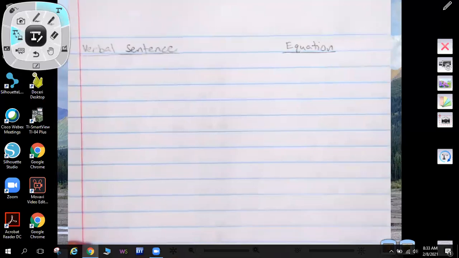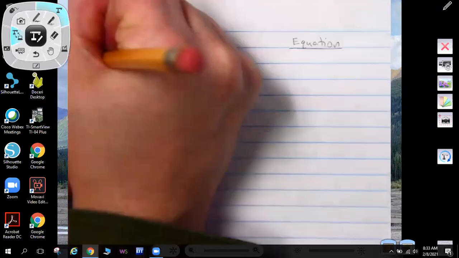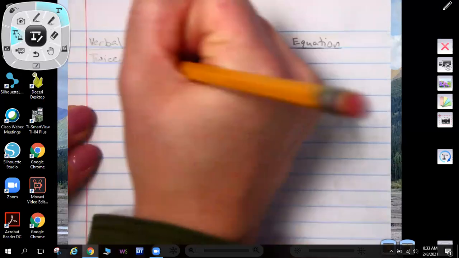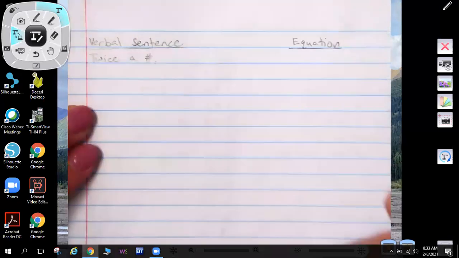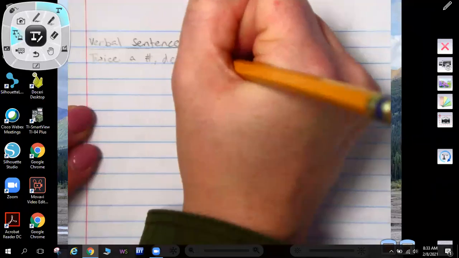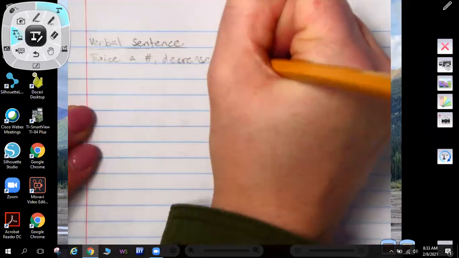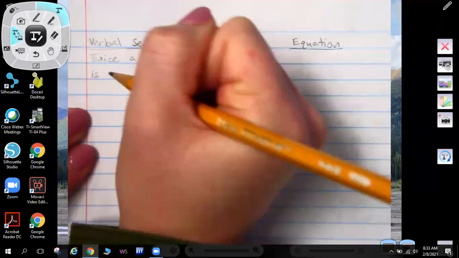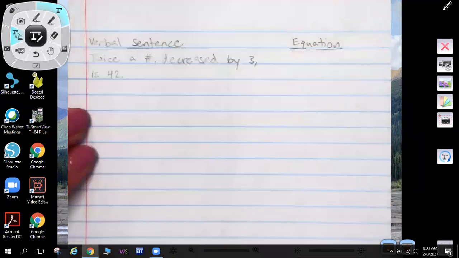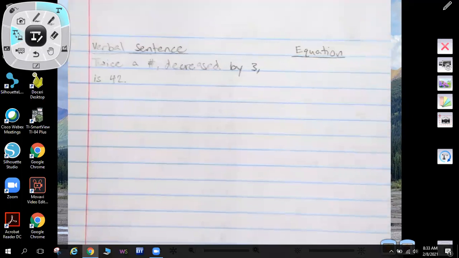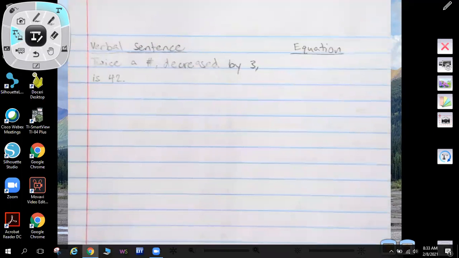Okay, first sentence. Twice a number decreased by 3 is 42. So twice a number, we wrote that one on the front.